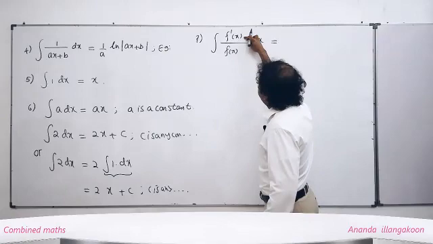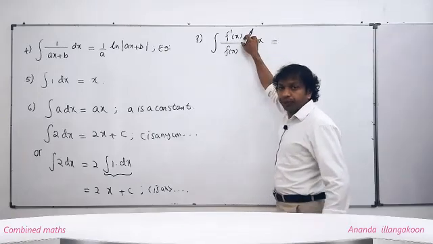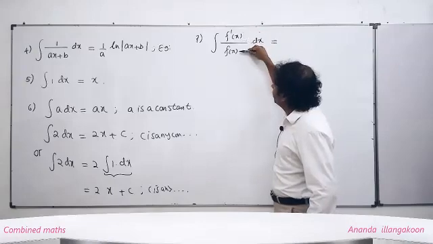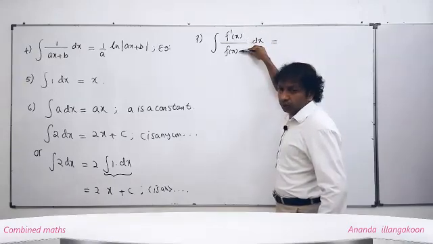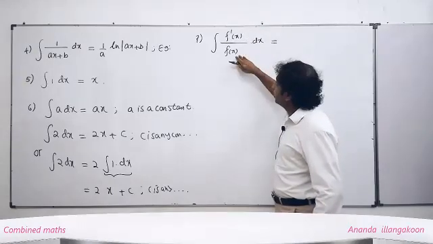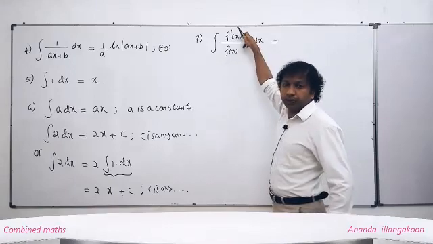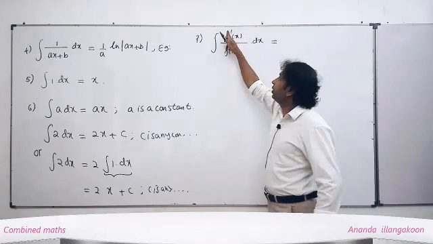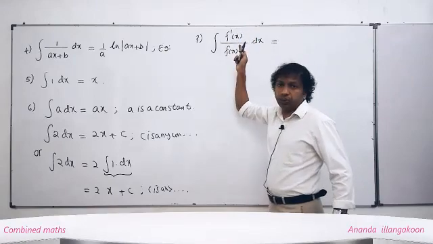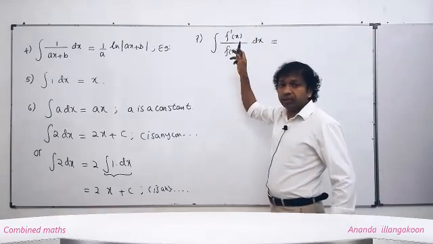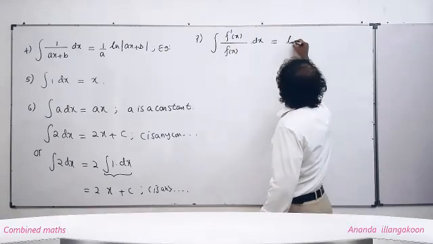F dash x means the derivative of this f x. In the numerator we have the derivative of the denominator. When you differentiate this denominator function f x, the answer we get is at the numerator. If we have this kind of integrand to integrate, remember the answer is ln modulus of this denominator.